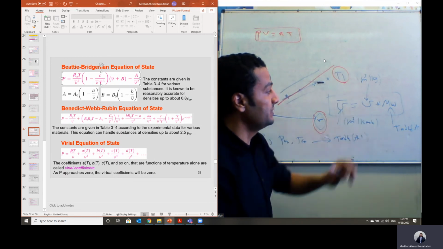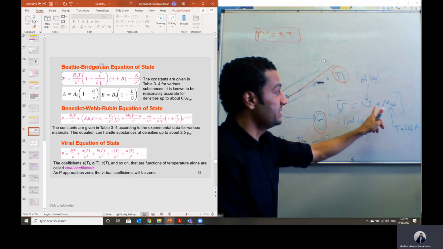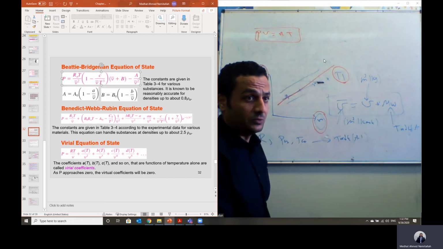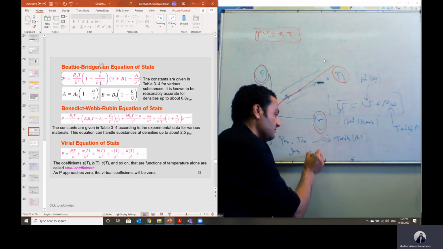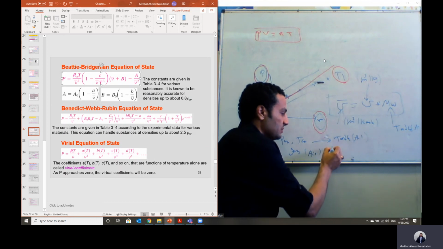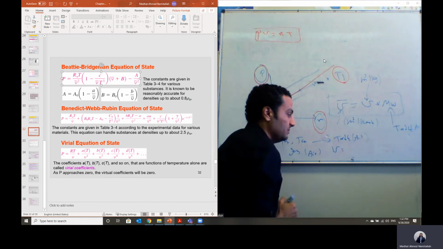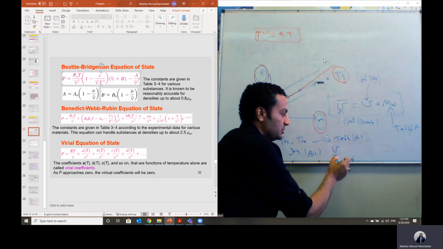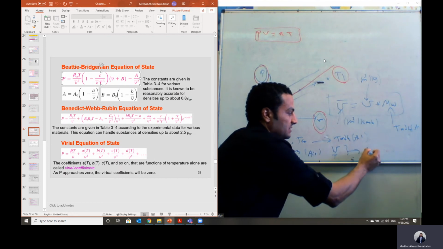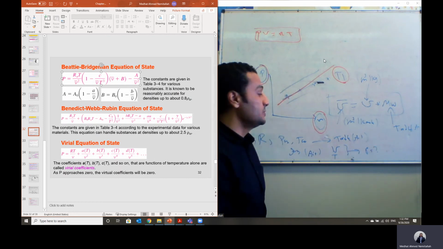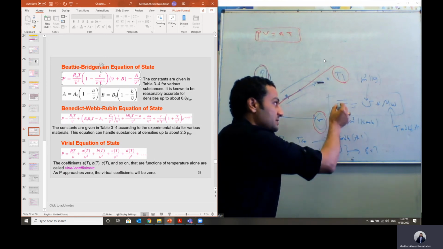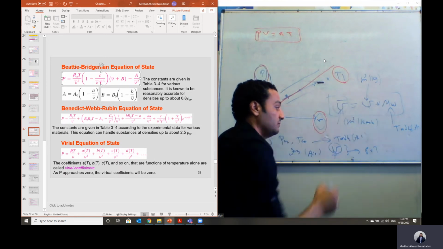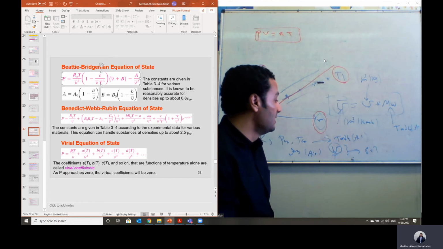If I need to calculate the molar specific volume, it will equal the given specific volume multiplied by the molecular weight. So if we have a gas, let's say air, with the specific volume given and also the temperature given, and we need to calculate the pressure using the Beattie-Bridgeman equation, I need to calculate the molar specific volume, which equals the specific volume multiplied by the molecular weight.